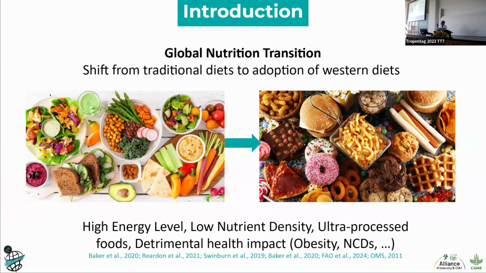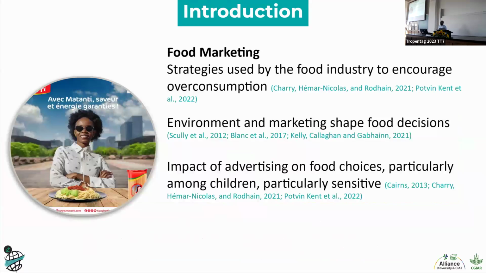When we try to analyze the world food environment, we see that food marketing is a key component of the food environment. Why? When I talk about food marketing, a simple definition is all the strategies that the food industries are using to push the consumption of a certain type of food. And it's well established that food marketing is really working.